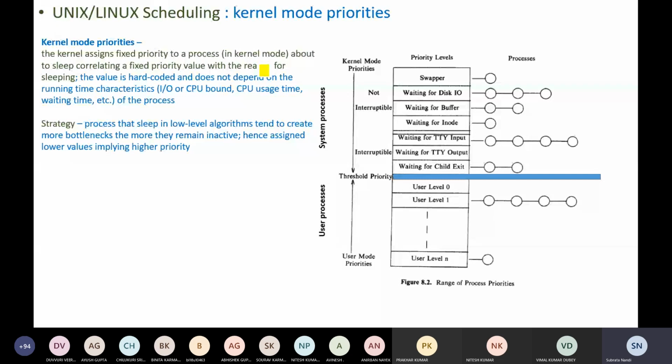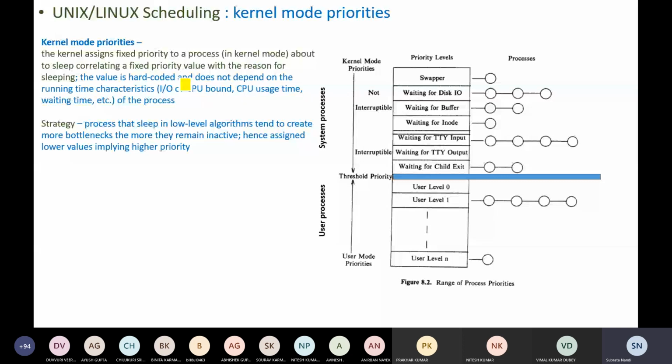Then the process goes into kernel mode, and that user process, being in kernel mode, will enjoy kernel mode priorities, because now it's the responsibility of the kernel to execute that system call. Although it is doing the task of a user, the user has requested it, and during that time it works in kernel mode.